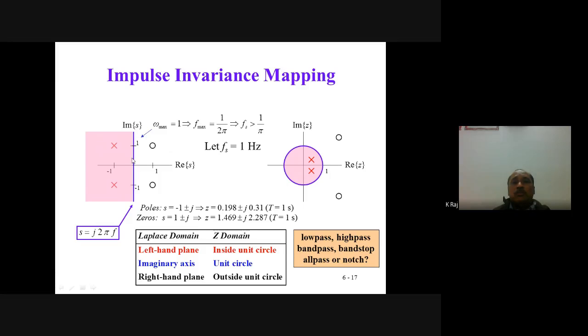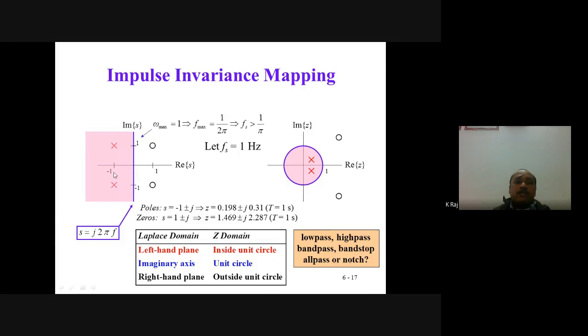Now this imaginary axis is transformed to the unit circle in the Z domain, in the form of the unit circle perimeter.